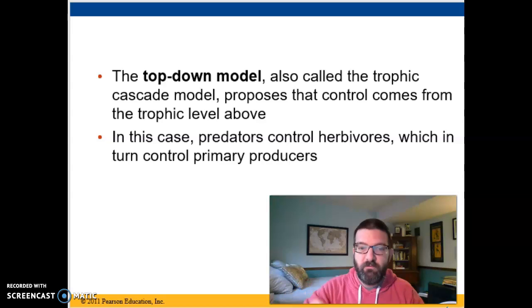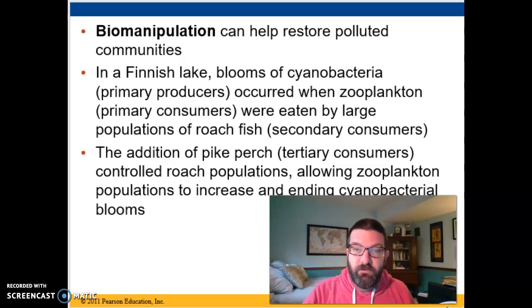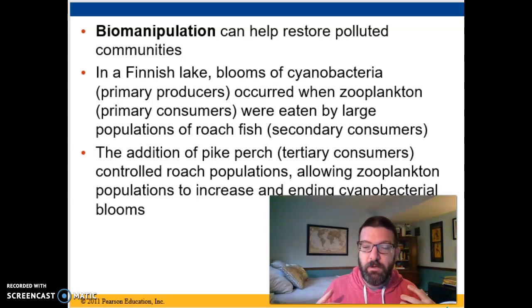It could be how many herbivores are present, and that is impacted by the presence of predators. This has led conservation ecologists to occasionally do things like biomanipulation, right? Intentionally adding organisms, for instance, or adjusting a community, usually using predators, to adjust what a community looks like.